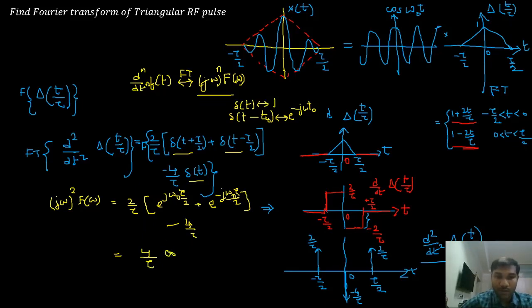cos omega naught tau by 2, right? 4 by tau cos omega naught, is it omega naught? Sorry, it's just omega, my mistake, it is just omega.